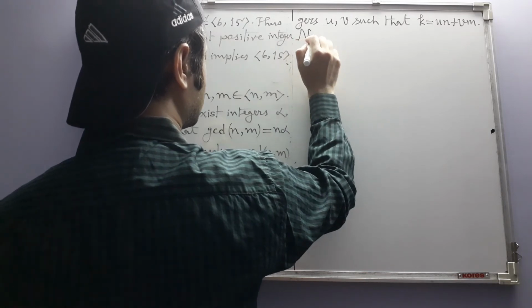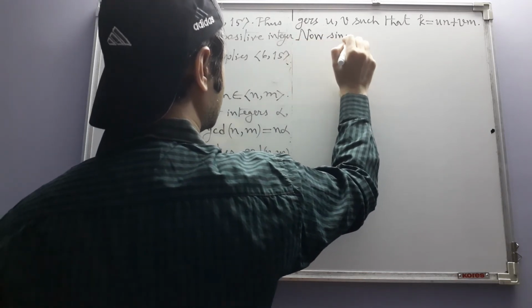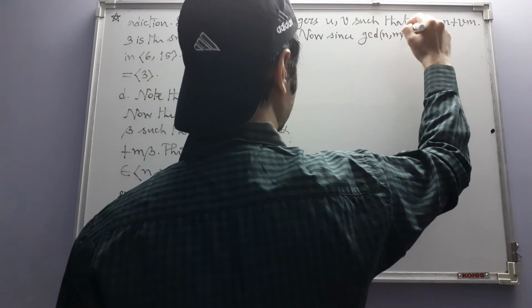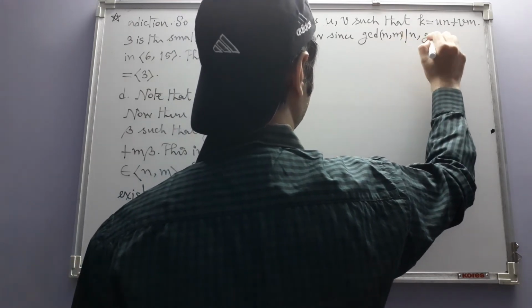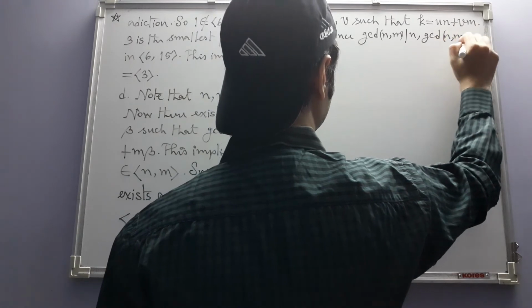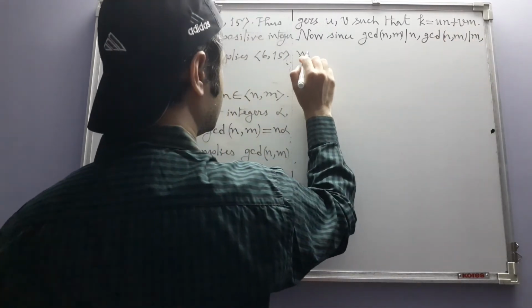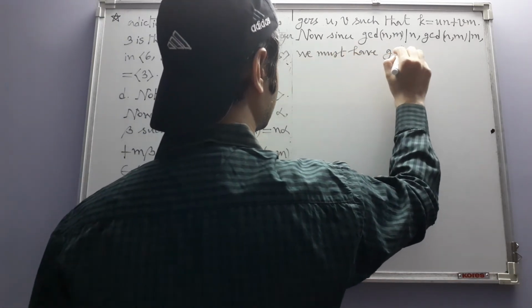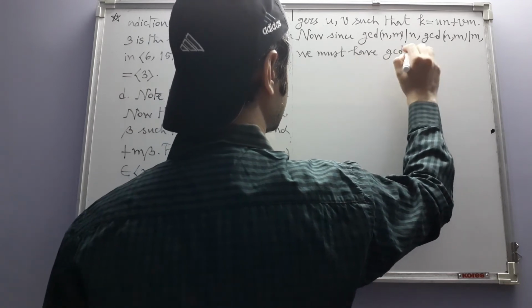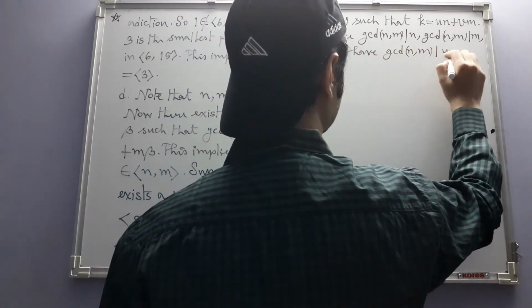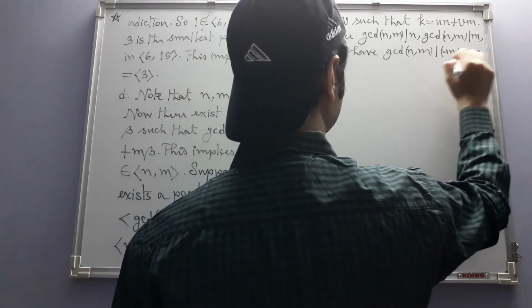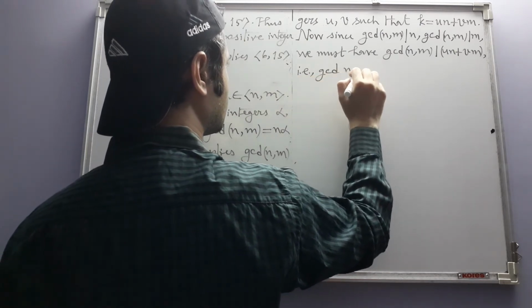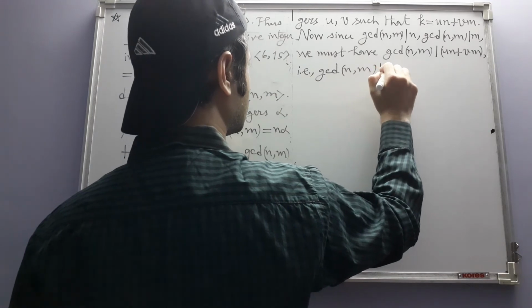Now, since the GCD of n and m divides n, and at the same time it also divides m, we must have the GCD of n and m dividing un plus vm, that is, this dividing k.